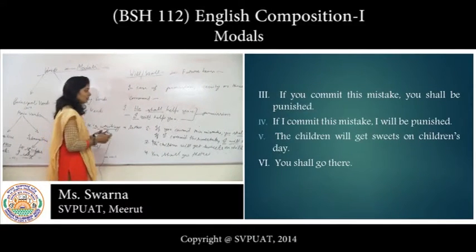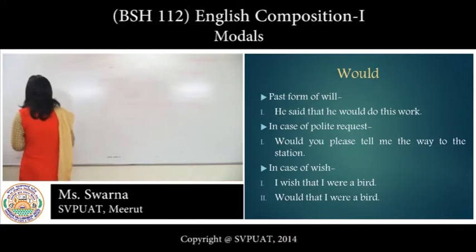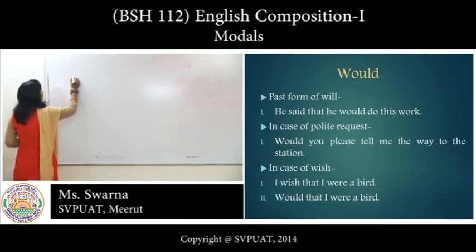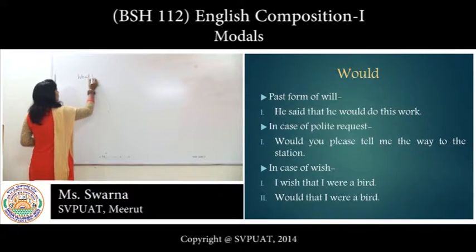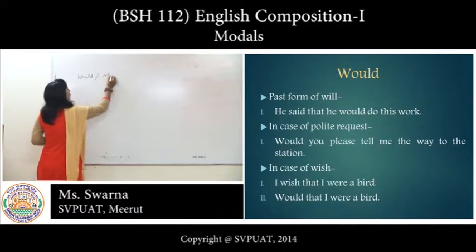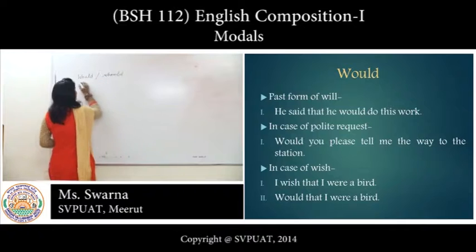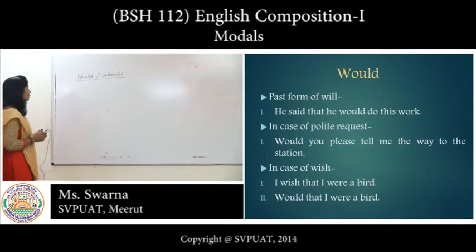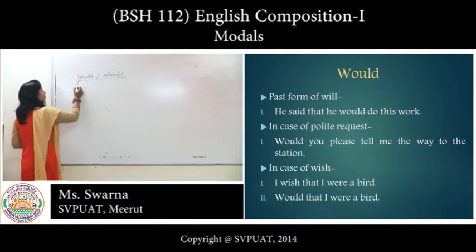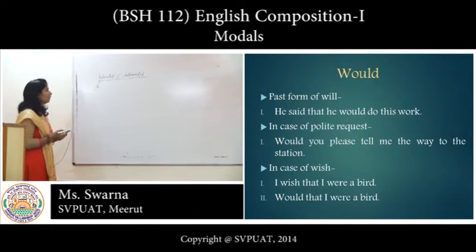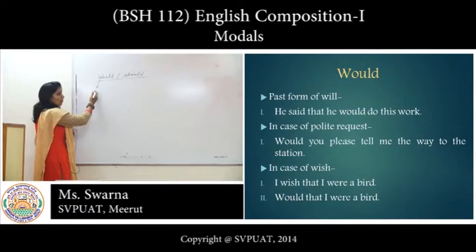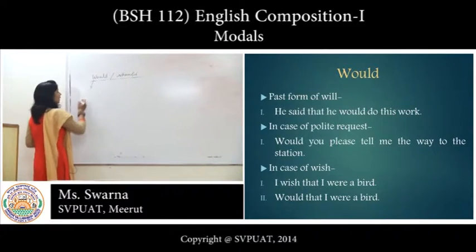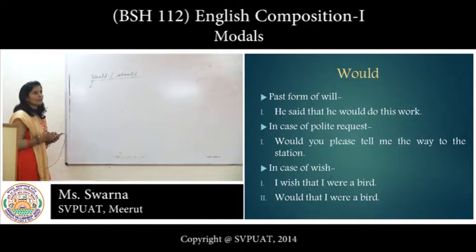And the next modal, would or should. First we start with would. Would is the past form of will. The first use of would is as the past form of will, like we use in indirect speech, where present tense is converted into past tense.